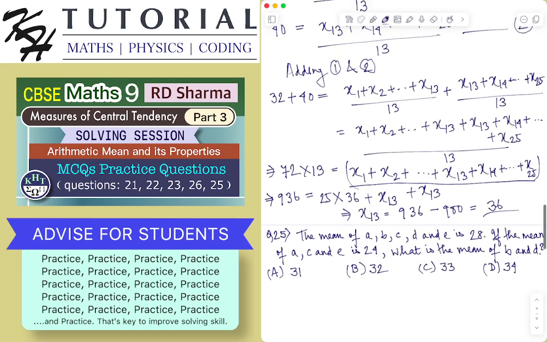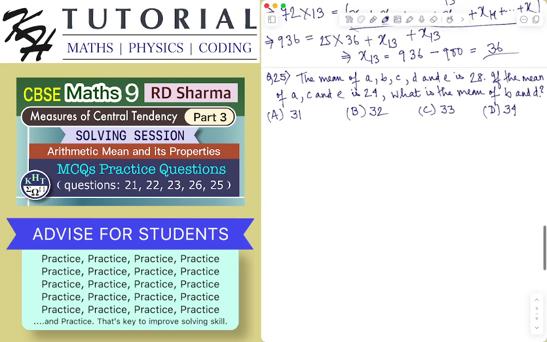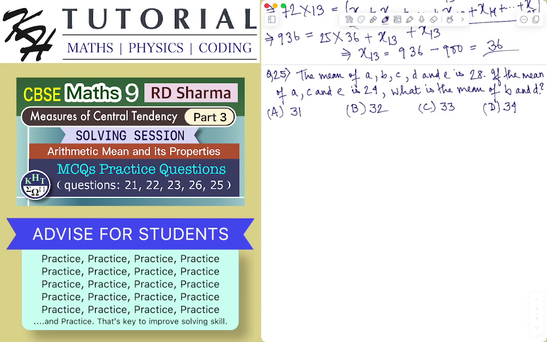Let's see question number 25. The mean of A, B, C, D and E is 28. So the observations are A, B, C, D, E, and their mean is given to be 28. So we have mean is equal to the sum of the observations, that is A plus B plus C plus D plus E, divided by the number of observations.